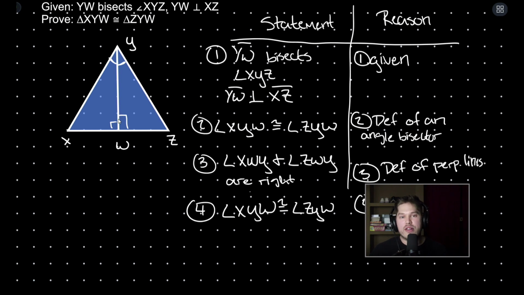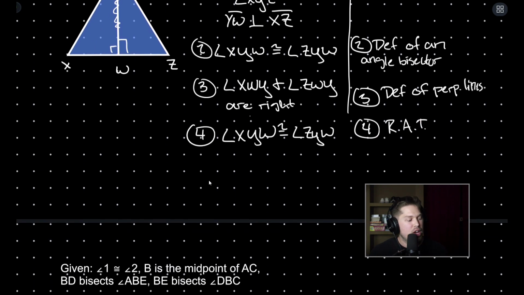Because we know angle won't work, so we're looking for a side. And yeah, this middle side, YW, is shared between both of the triangles. So our 5th step will be that YW is congruent to YW, and that's by the reflexive property.